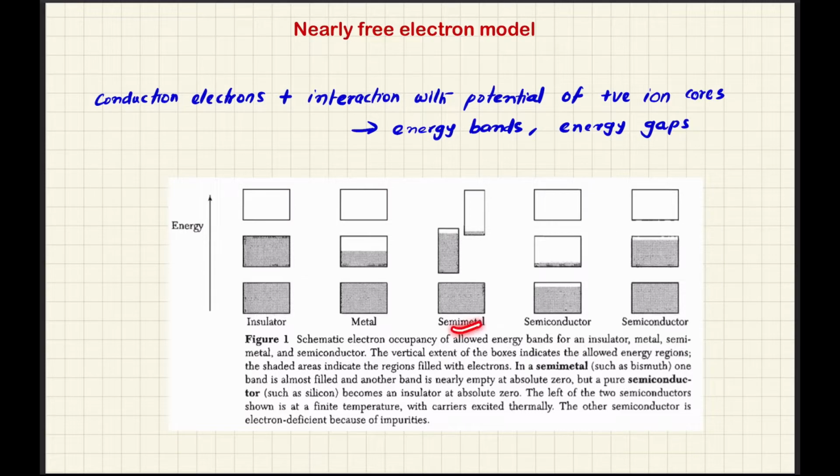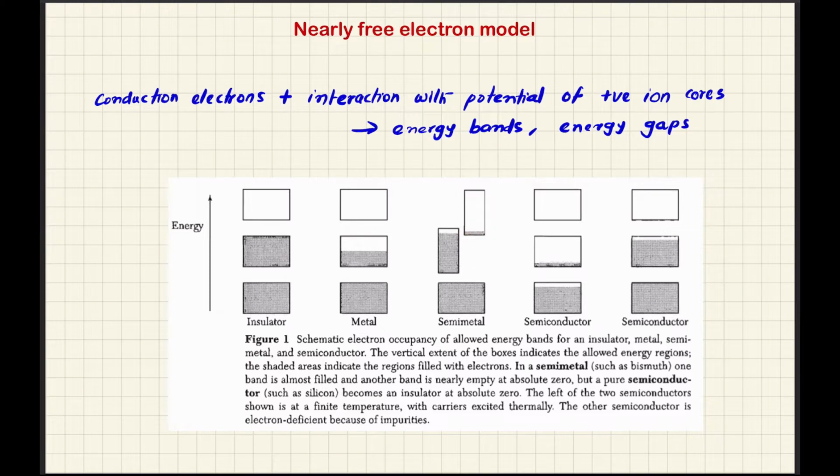And in semi-metals and semiconductors, you can see there are some energy bands which are partially filled. One band is almost filled and another band is nearly empty, but there are some electrons at the bottom.